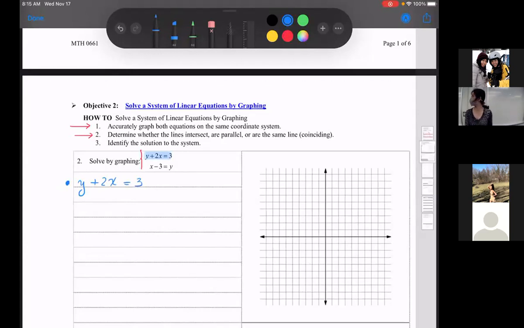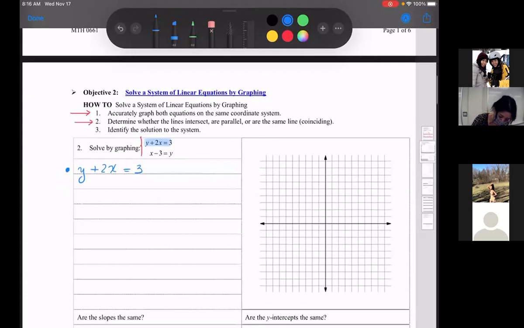How do I graph that? Anyone? Good. You want to solve for y? You want to do rise over run? Okay. Sure. You try rise over run. So solve for y. Subtract 2x, oh, sorry.